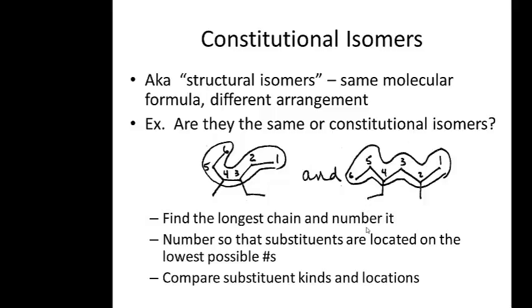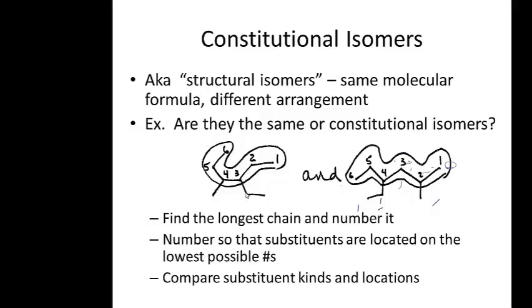So here I have 1, 2, 3, 4, 5, 6 carbons. And here I have 1, 2, 3, 4, 5, 6 carbons. So they could possibly be the same. Then I start to look to see what kind of substituents are located.